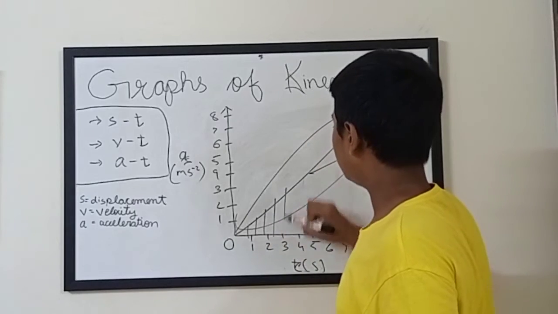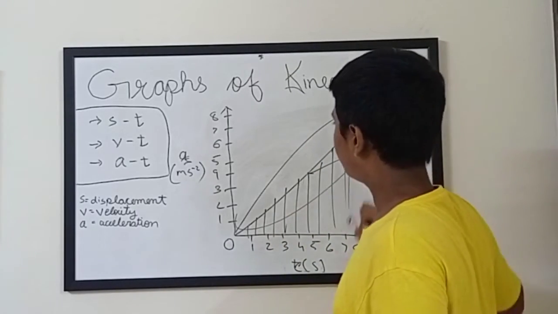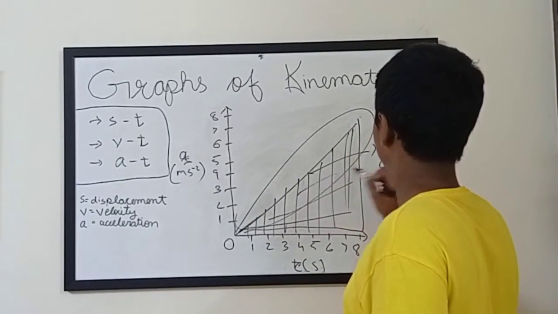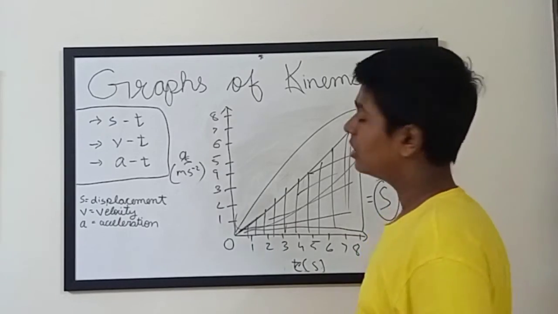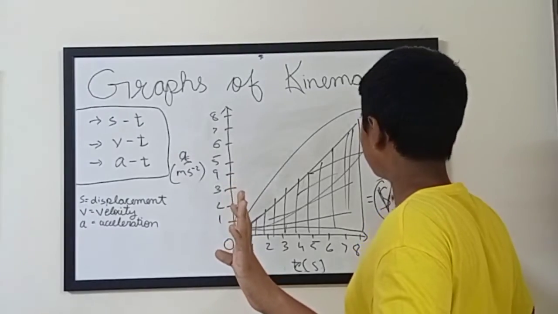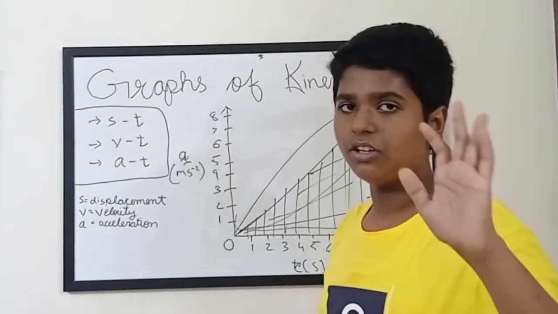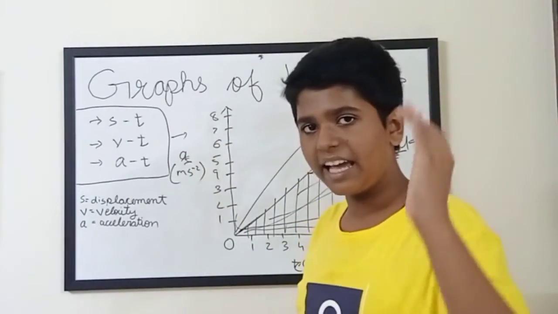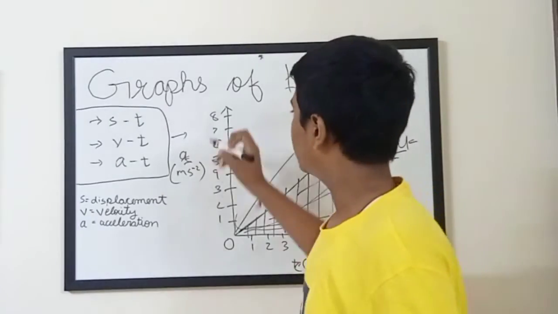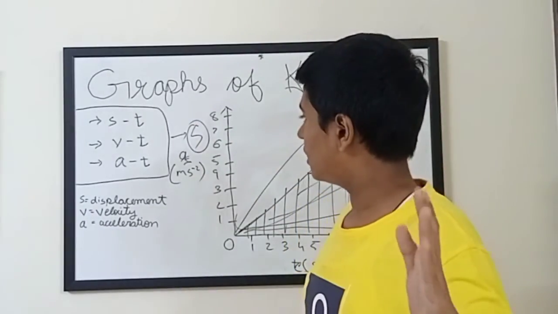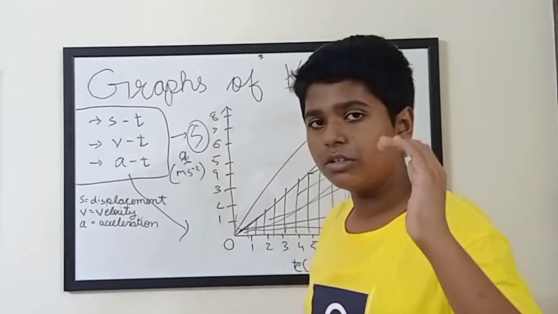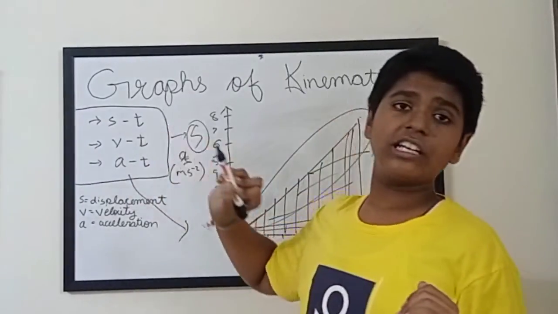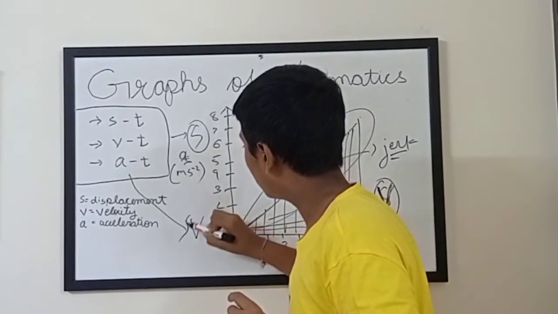And the area between the slope and the x-axis gives us the velocity covered by the object. Okay, so the area between the slope and the x-axis in the velocity time graph gives us the displacement, but the area formed between the slope and the x-axis in the acceleration time graph gives us velocity.